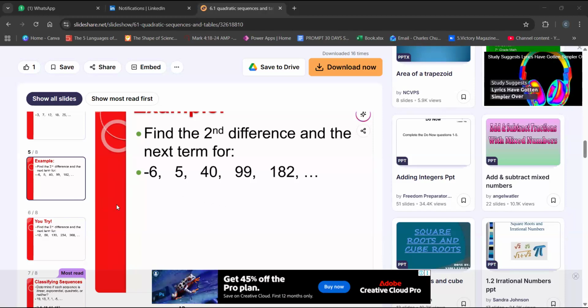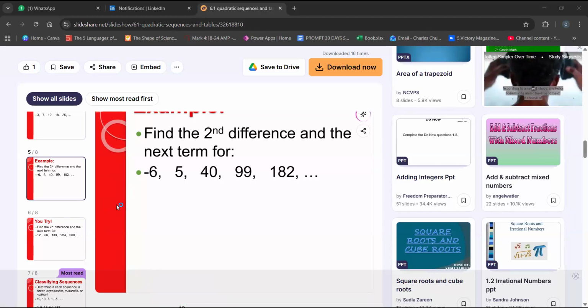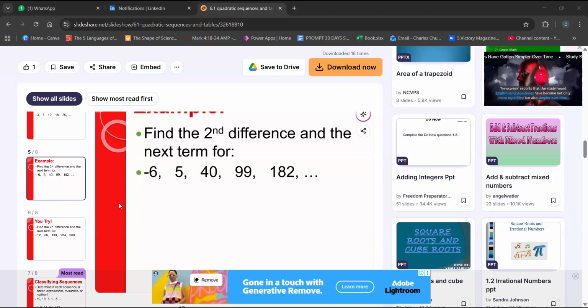Great. Okay, so just for the sake of this, can we just give it a try and see what happens when you have a negative number. So you say it's happening between -6 and 5. What would add to -6 to give 11? 11.